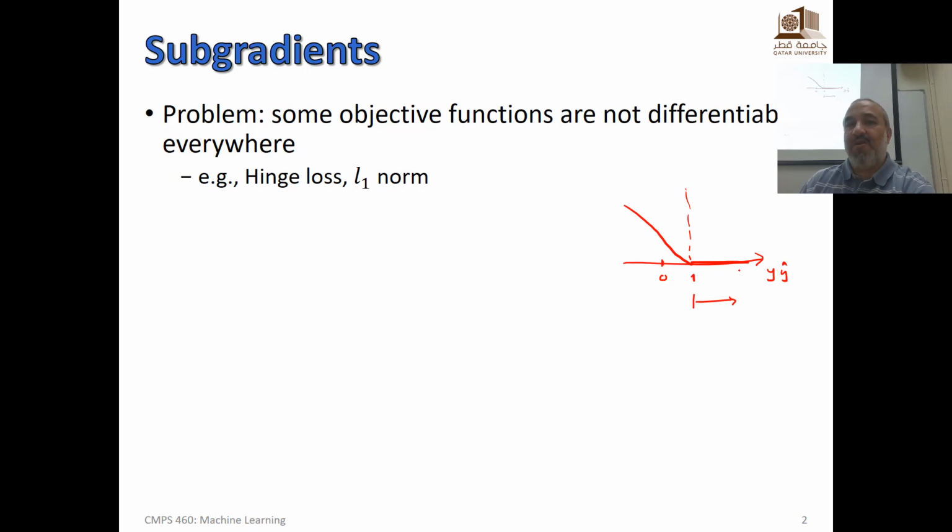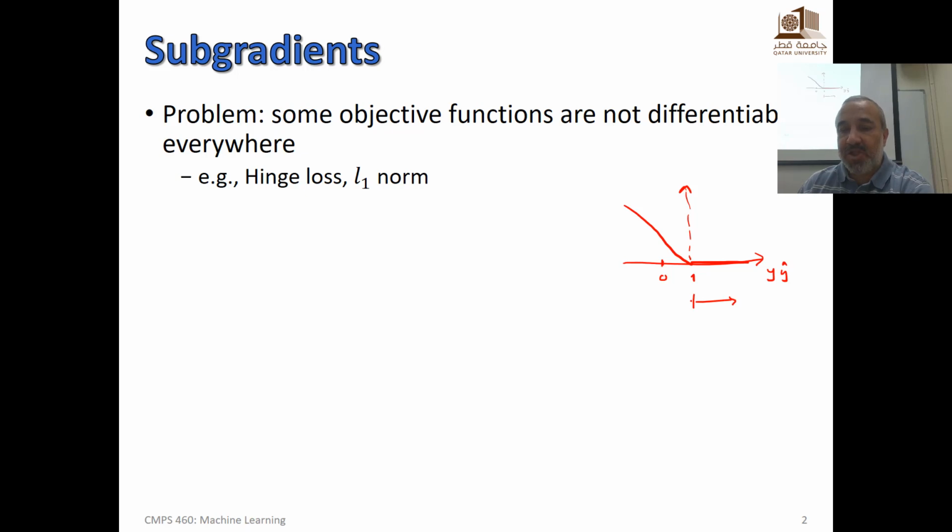What is the change of the function when we change y hat to be greater than 1? It is 0. The value of the function is 0, and the derivative of 0 is 0. So it is differentiable, and the derivative is always 0, right?